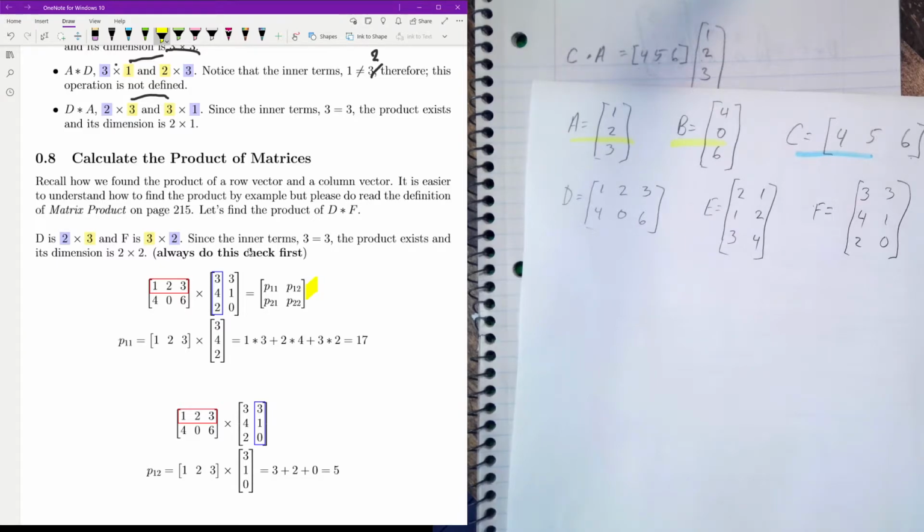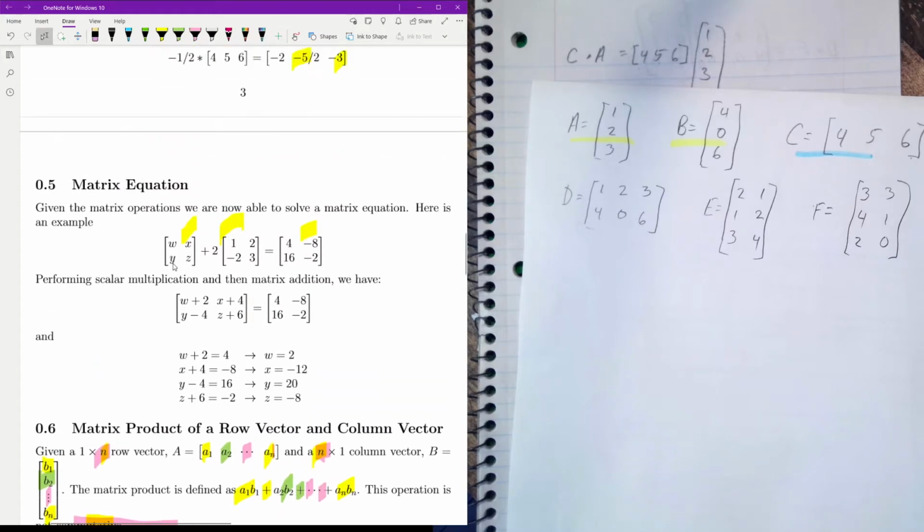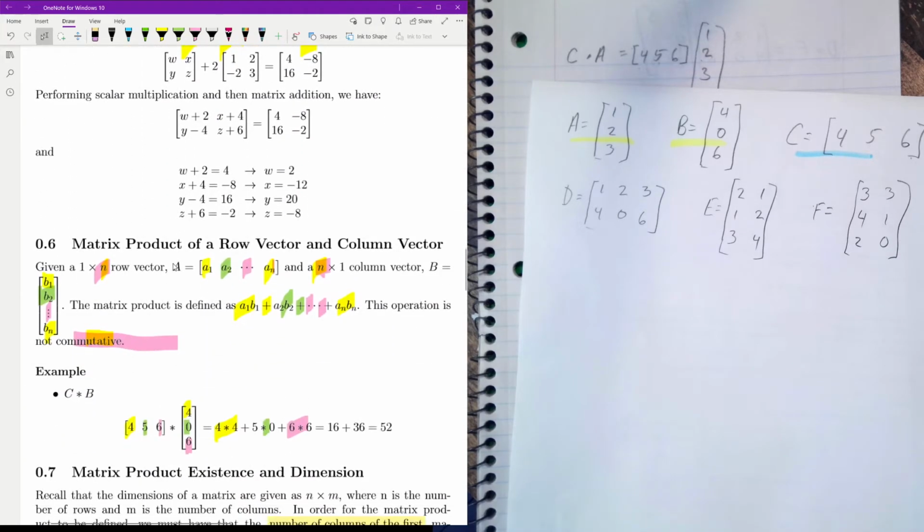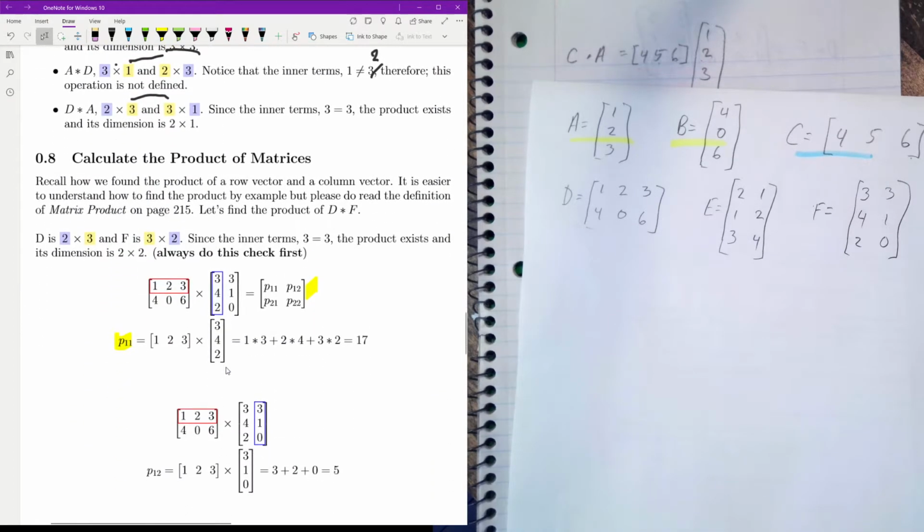And then we can calculate each term, starting with the first term, P11, which is equal to a row vector times a column vector. We're basically doing this sort of operation for each term.